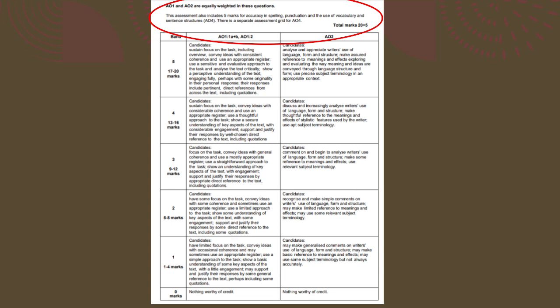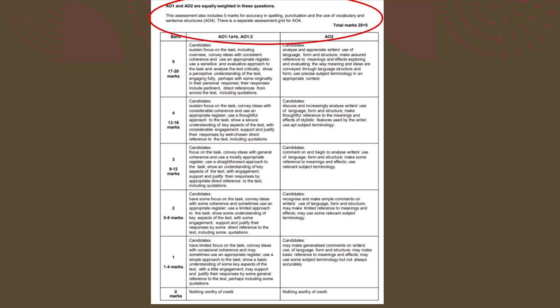This is why we are always telling you how important it is to write an introduction and to use your topic sentences. Immediately, if a student is writing an introduction that is quite focused on the question, see the words I'm using here, focus on the question, that brings you back up to band 3, doesn't it? Straight in from your introduction, your topic sentences as well. Are you talking about the character of Macbeth? If you're doing that the whole way through your essay, then you can go up to the higher bands.